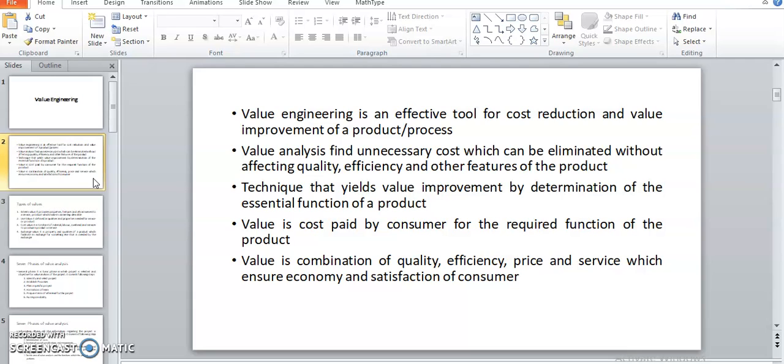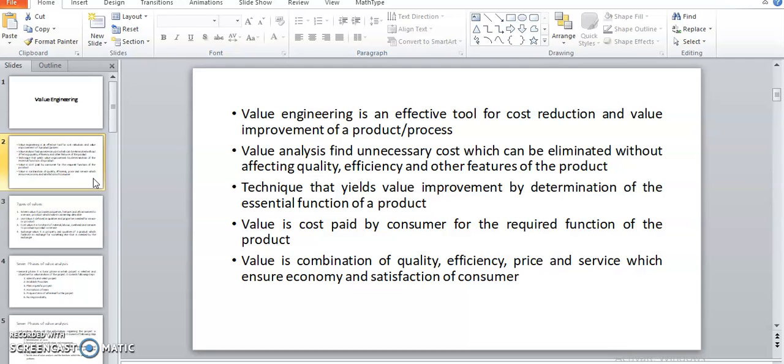This value is a combination of quality, efficiency, price and service which ensure economy and satisfaction of the consumer.